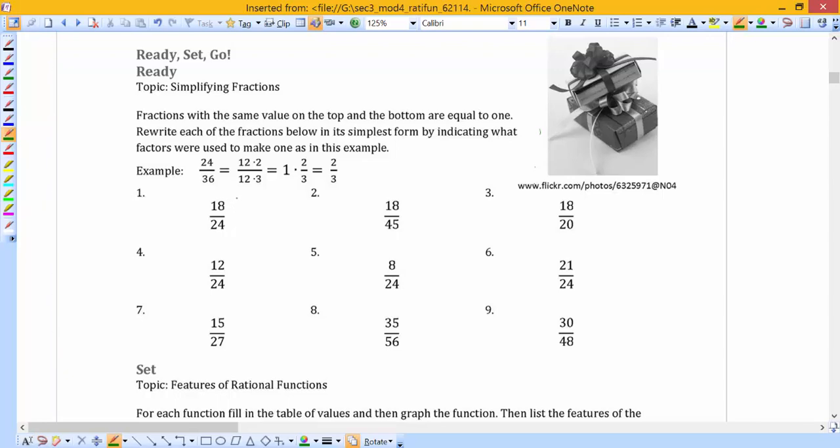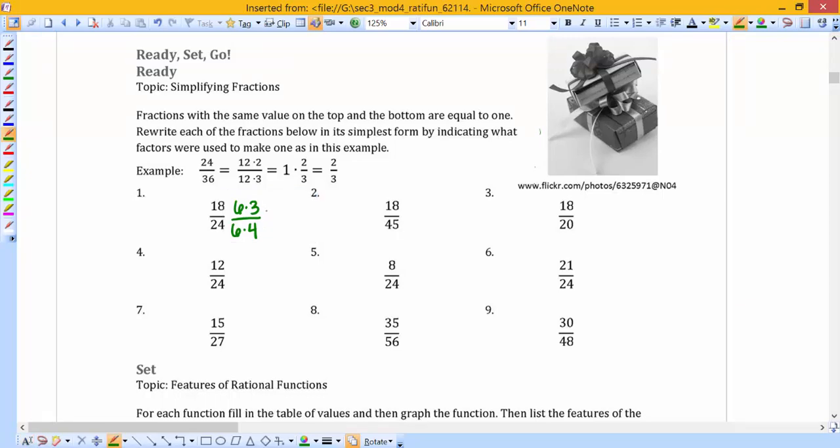Well, 18 is 6 times 3, and 24 is 6 times 4. Yes, I could just divide by 6, and that's the way you've been taught how to do these. Find what you can divide by, and then divide both the numerator and the denominator by that.